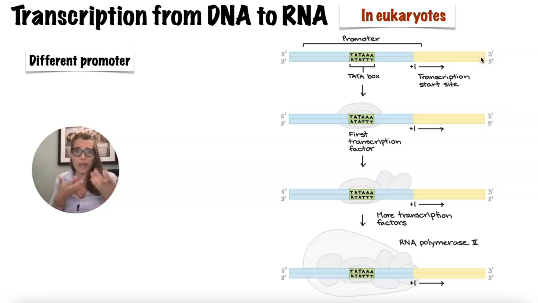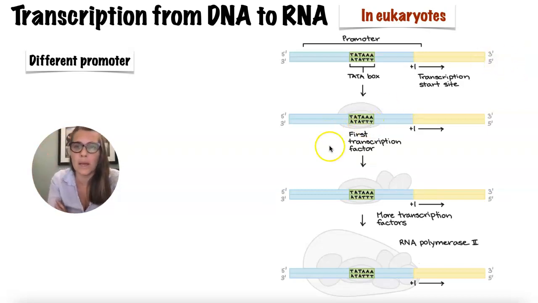We don't want to waste proteins. We don't want to waste energy. Our body, as always, is very sustainable and doesn't like to waste energy. So only if that promoter is activated, and we're not going to look at the detail of that, does it give the signal to your RNA polymerase, which now recognizes the site and is going to bind.